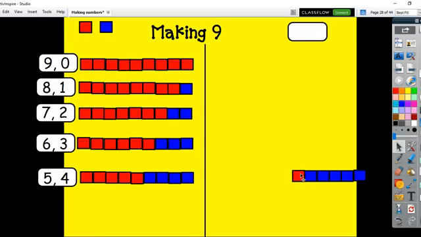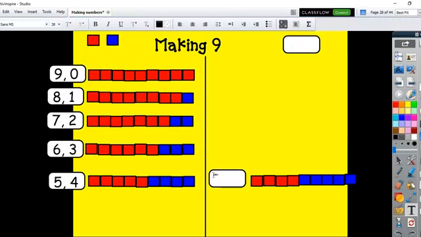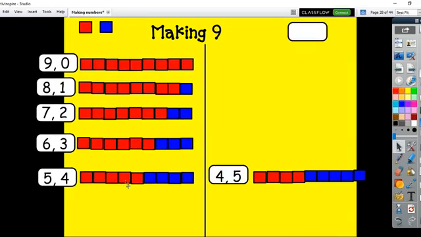So I'm going to bring down 4 red. So this will be 6, 7, 8, 9. So then this number pair would be 4 red and 5 blue. And you can kind of see how they are similar. There's 5 red and 4 blue over here, and now there's 4 red and 5 blue over here.